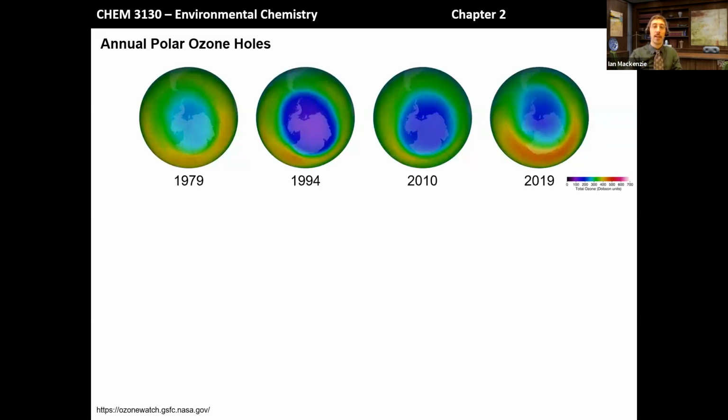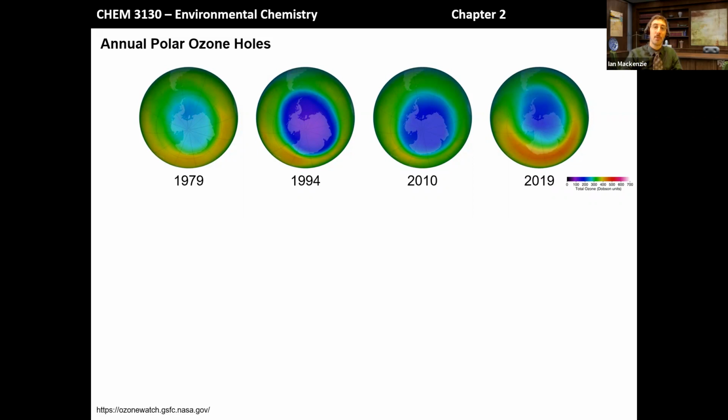And so if we just look here at a few years going back to 1979, and here we've got a depiction of the South Pole, you'll notice, although you may not fully understand what it is at first, that there's some clear phenomenon going on. In 1994, we have this large blue circle around the South Pole.